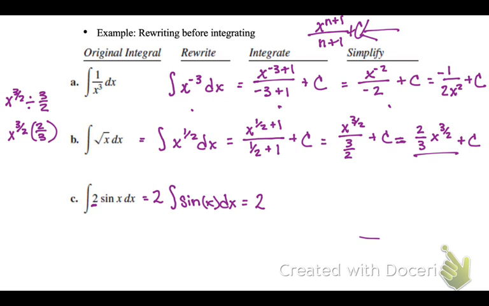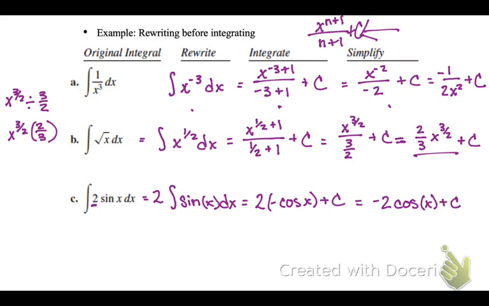Negative cosine. Because the derivative of cosine is negative sine, right? But we have a positive. So it would be negative cosine of x plus c. So that would be negative 2 cosine of x plus c.